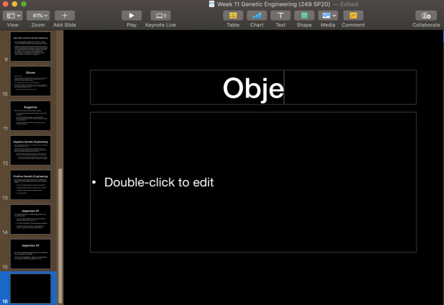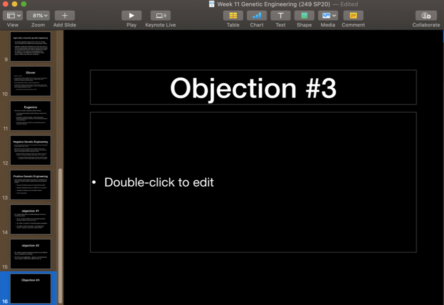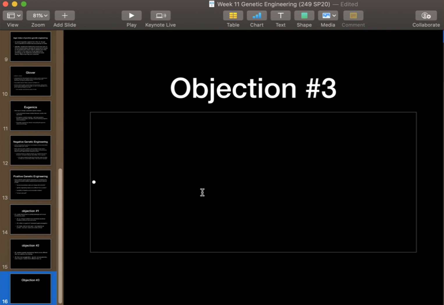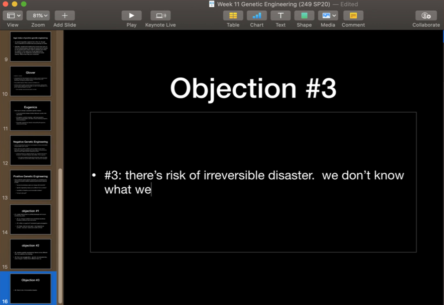Objection number 3. This is a more interesting one. This one says basically, there's risk of irreversible disaster. Basically, we don't know what we're doing in manipulating the genome.